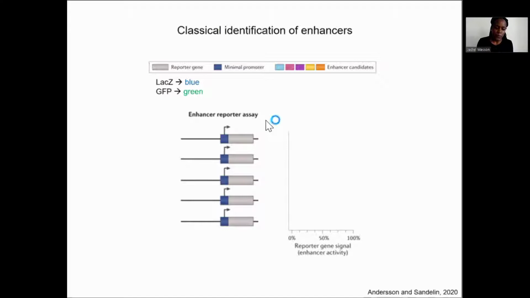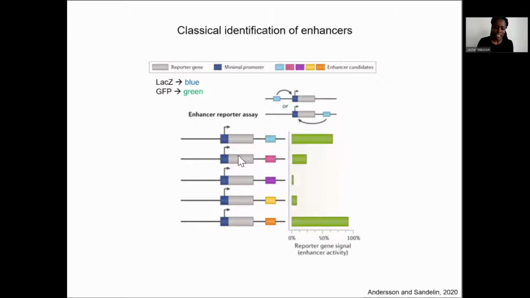So in this assay, in order to determine whether or not a segment of DNA can act as an enhancer, they inserted it either downstream or upstream of this minimal promoter attached to a reporter gene in order to see whether or not this segment of DNA could drive the expression of the reporter. And in the results shown here, you could see that the orange segment, compared to, say, the purple segment, really drove the expression of the reporter, indicating that it could be a potential enhancer.